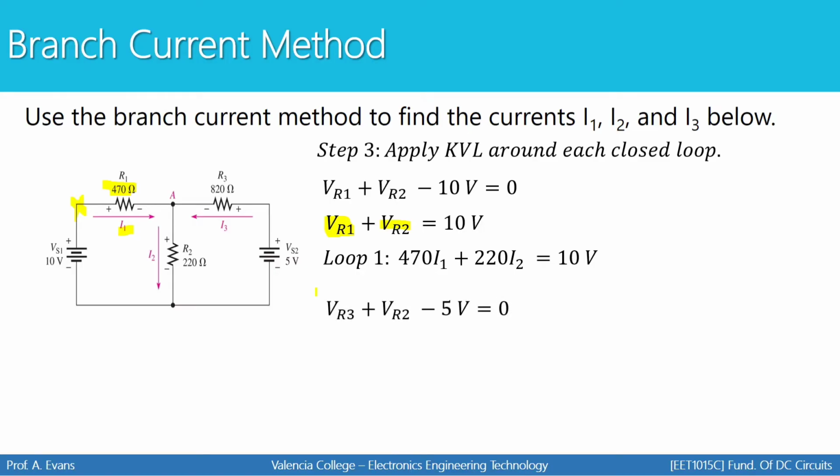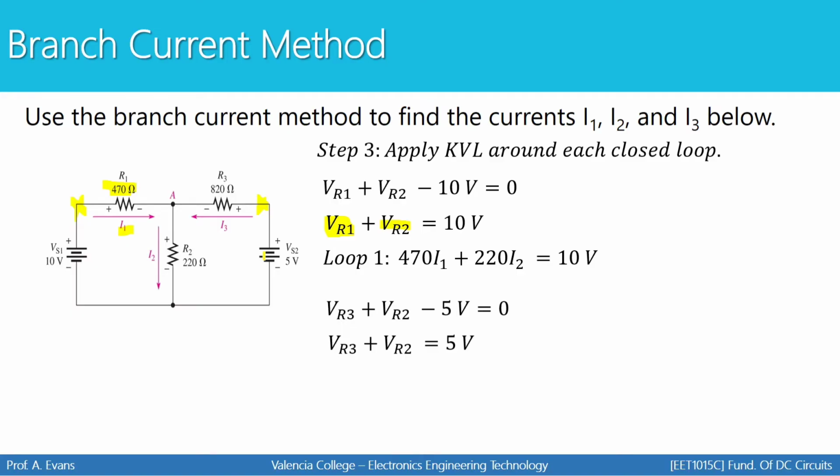Next, we're going to apply a KVL around the second loop, around this loop right here. I'm going to start right here and go counterclockwise. So I'm going to get the voltage for R3 plus the voltage for R2 minus the voltage for the source equals 0. Rearranging that, I get VR3 plus VR2 equals 5 volts.